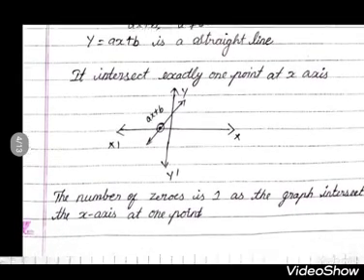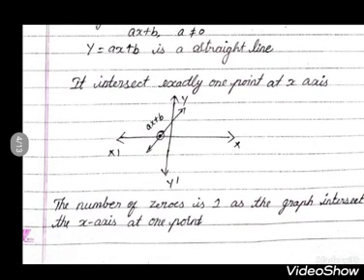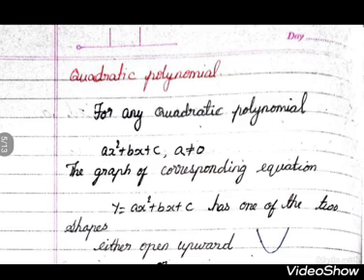So next we move on to the quadratic polynomial. For any quadratic polynomial, you know the basic form is ax square plus bx plus c, equal to 0, where a is not equal to 0. The graph corresponds to the equation y equal to ax square plus bx plus c. Why do we take y equal to ax square plus bx plus c?